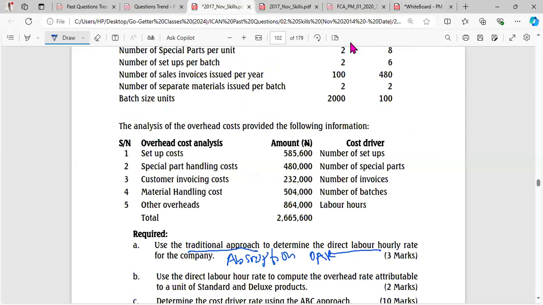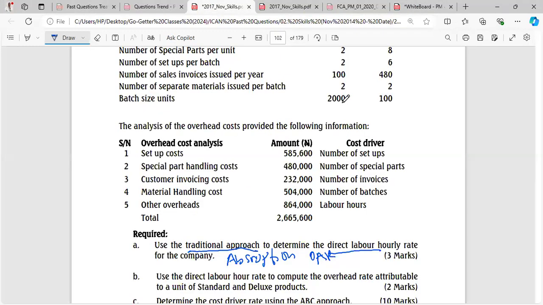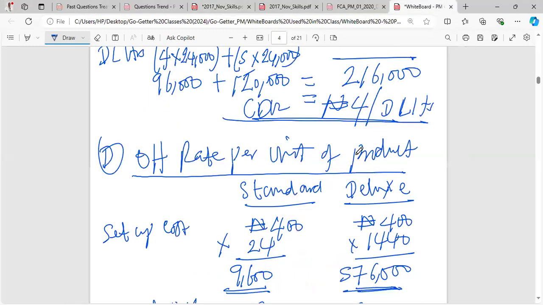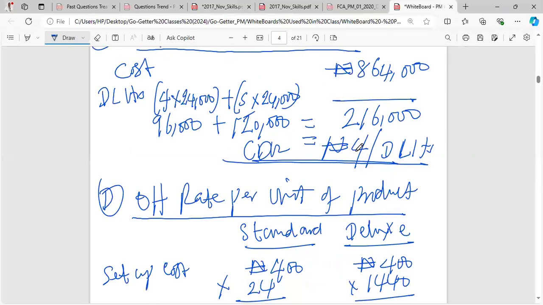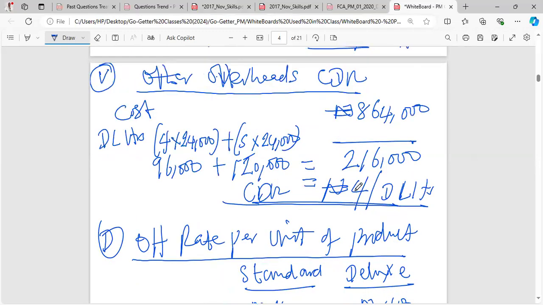Other overheads. And we have our cost here. Other overhead was 4. Is it 4? Yes, other overhead is 4. And we have 96,120.